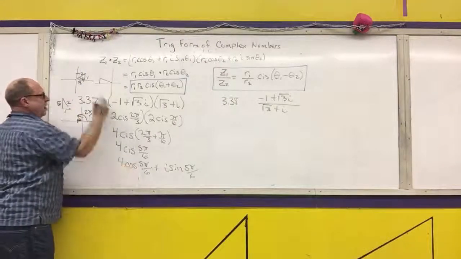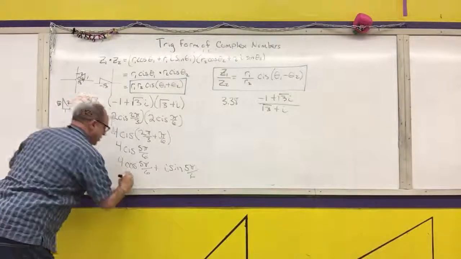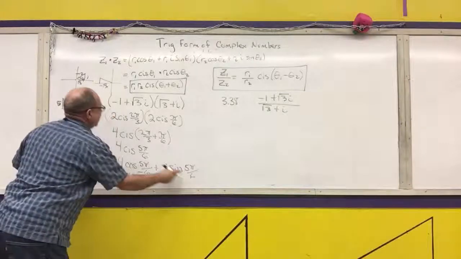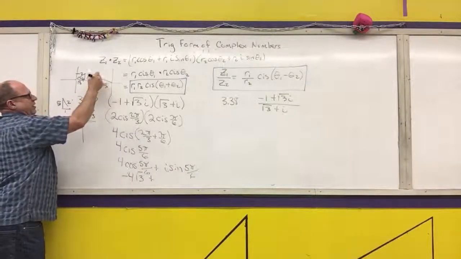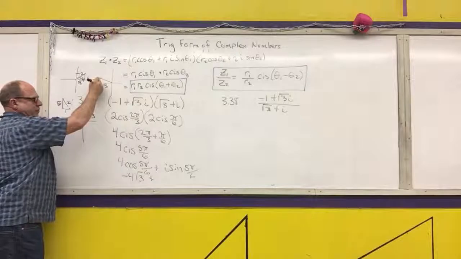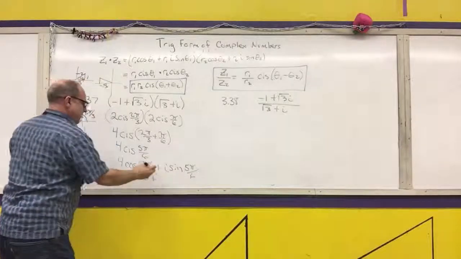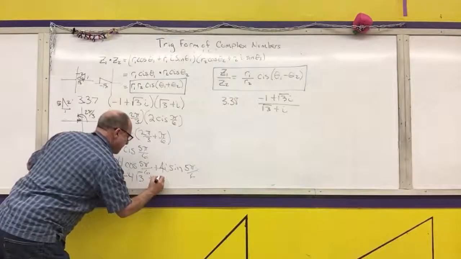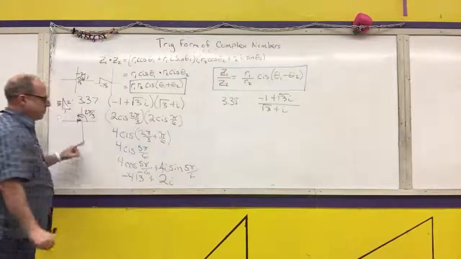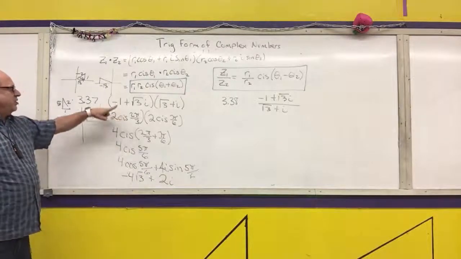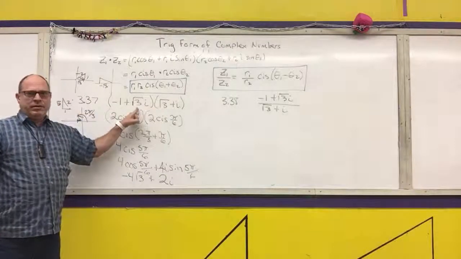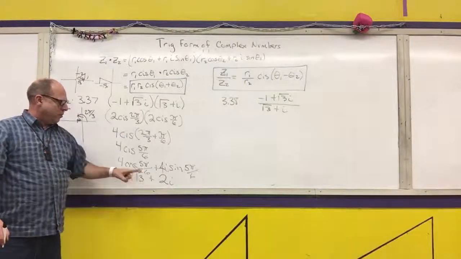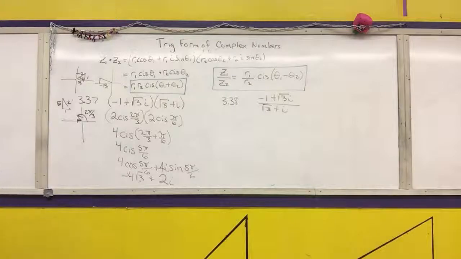So the cosine is negative square root of 3, so this would be negative 4 square root of 3 plus, this distance right here is 1/2, so 1/2 times 4 is 2. And then the i. If you were to multiply these two things together using the rules we did in algebra, your final answer would be negative 4 root 3 plus 2i.